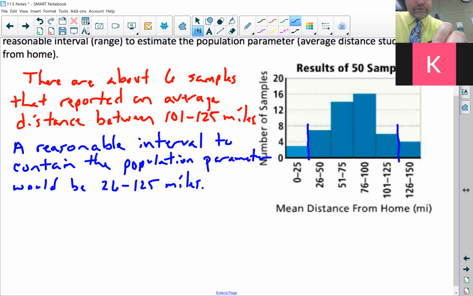And that's a hard one to say, well, it's got to be this or it's got to be that. Just know we want to pick, in this case, a range that includes most of the data. All right, moving on.